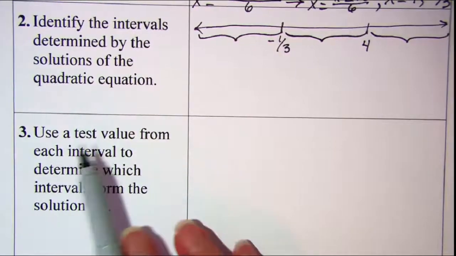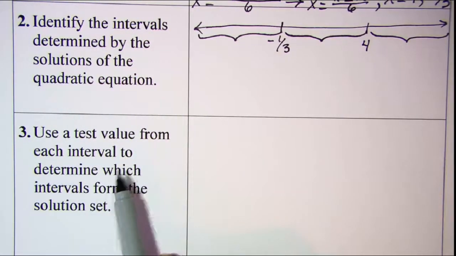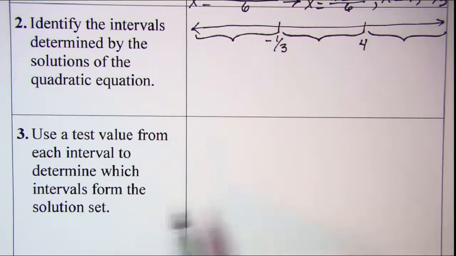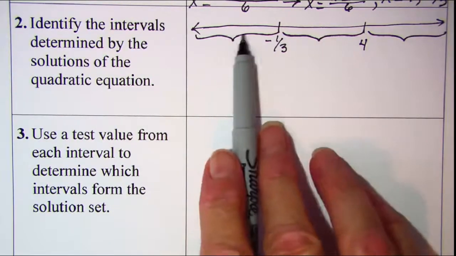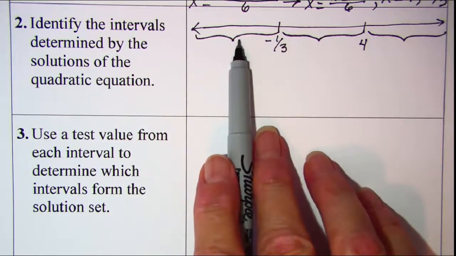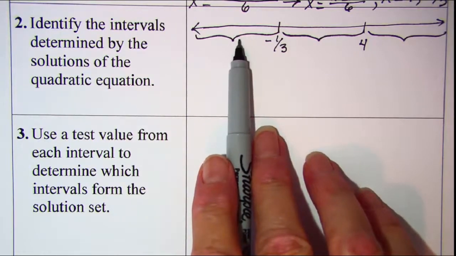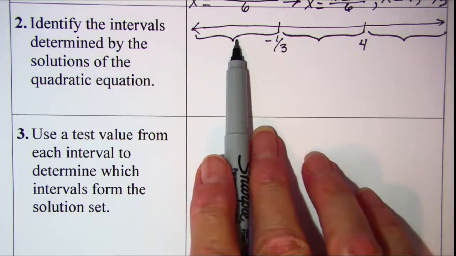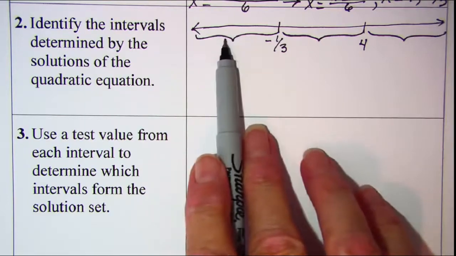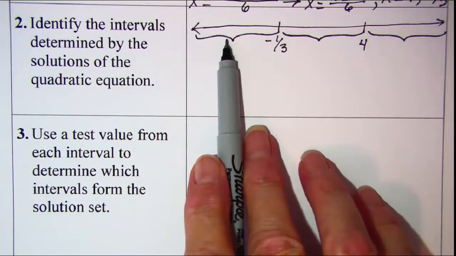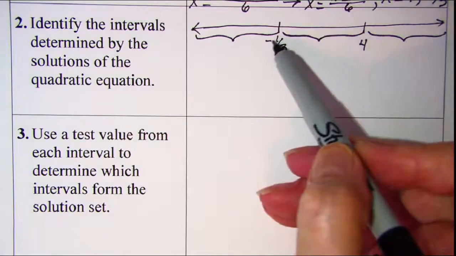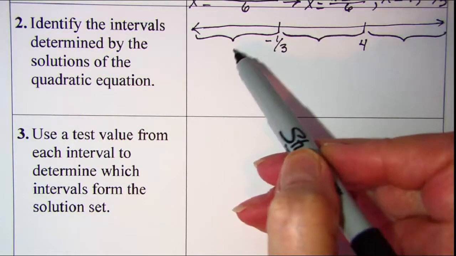Now we need to use a test value from each interval to determine which intervals form the solution set. A test value is any number that's in this interval, and if we work out the problem with that test value, then all of the numbers in that interval behave the same way. So I want numbers that are less than negative 1/3.